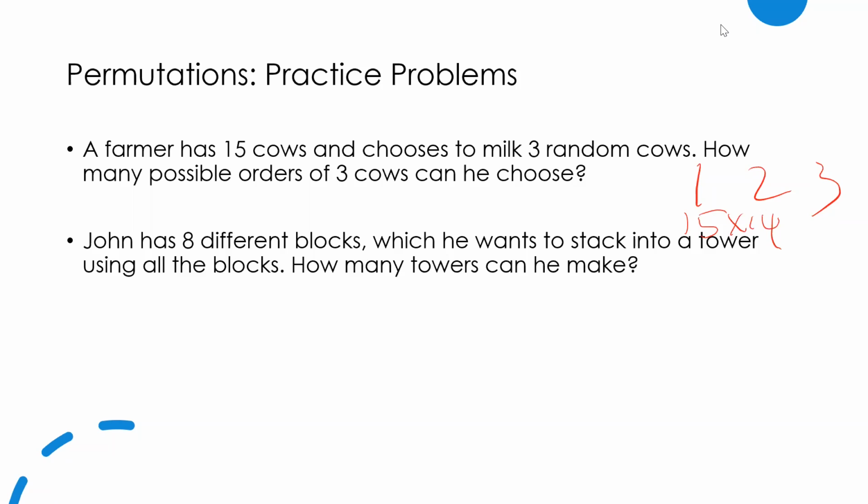In the third one, we have 13 cows to choose from since we already used 2 of them. So we just have 15 times 14 times 13, and we multiply these together and we get 2,730.